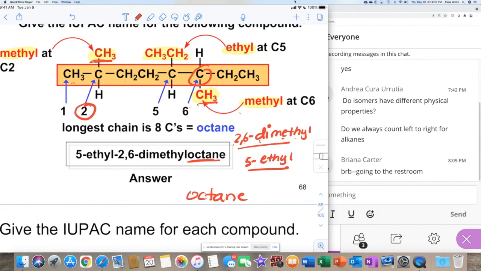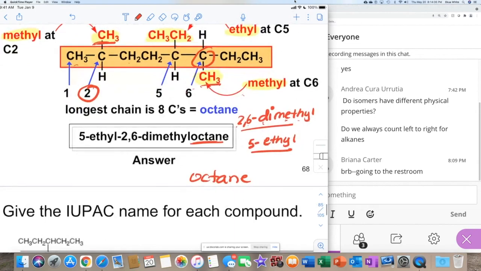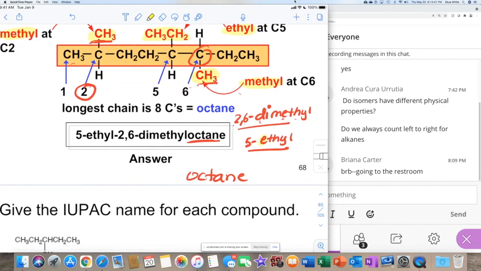So in this case here, let's see. E comes before M. Yeah, this is the tricky part. Ethyl comes before methyl. We're not looking at the di. So ethyl comes before methyl. For that reason, we'll write it as 5 dash ethyl.